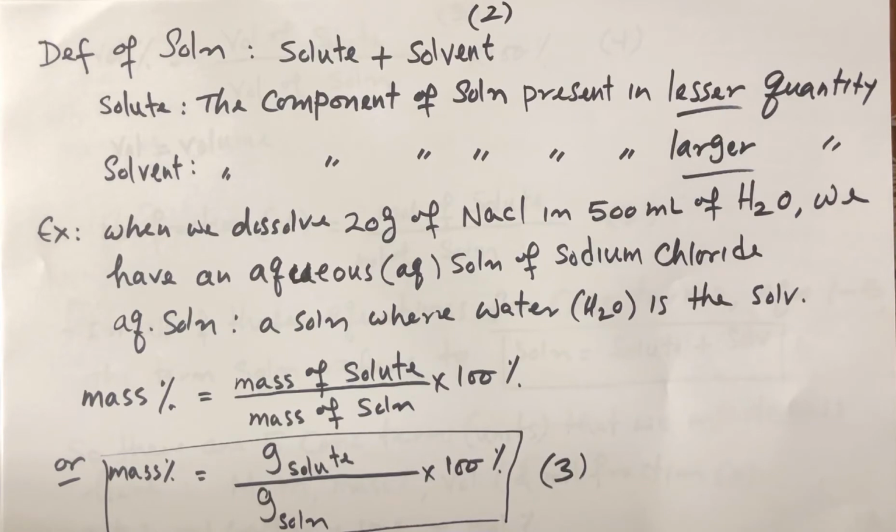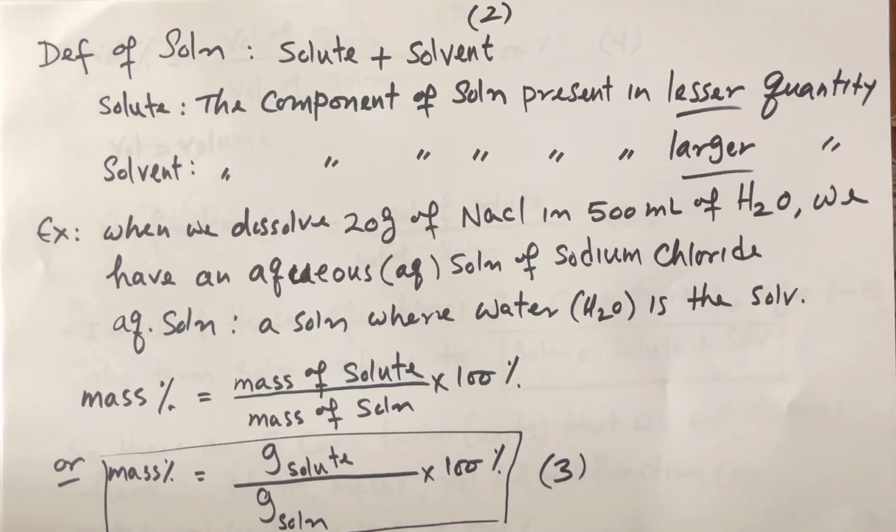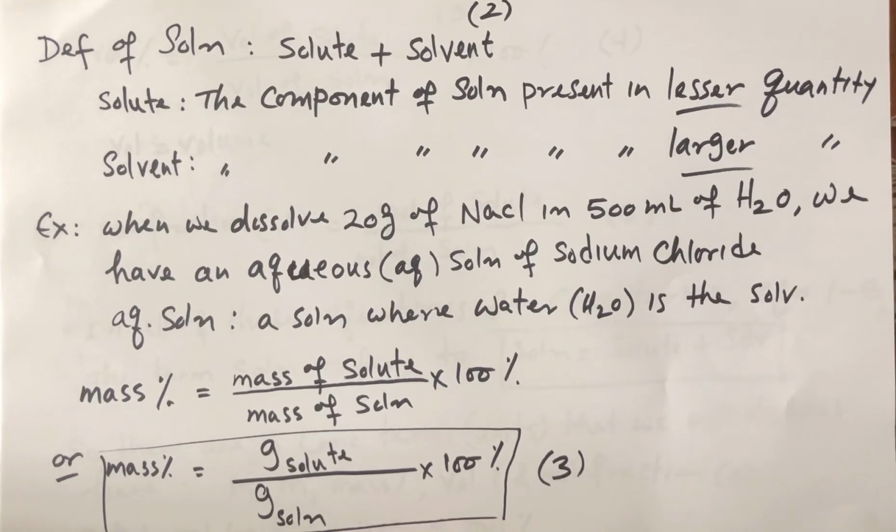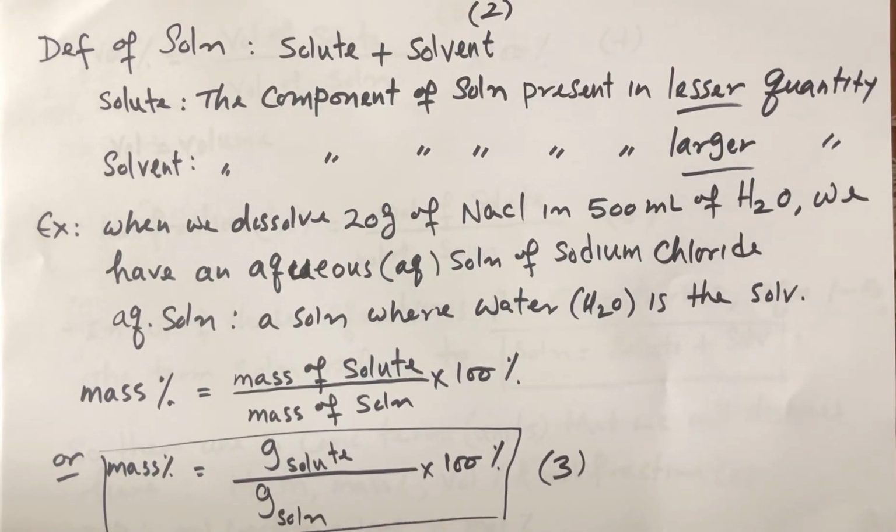Now, the other concentration term that I've defined here is called mass percent, also known as percent by mass. Mass percent and percent by mass are the same thing. Mass percent is defined as the grams of solute divided by the grams of solution times 100%.